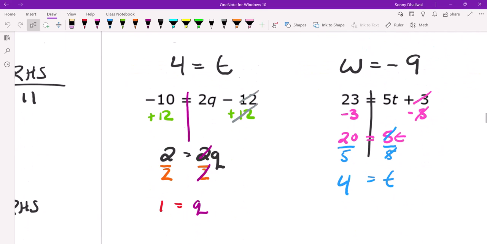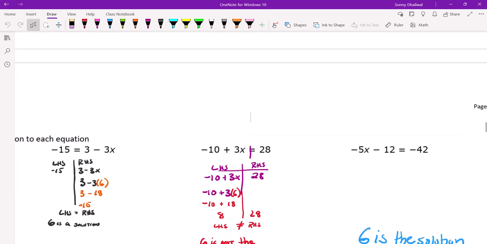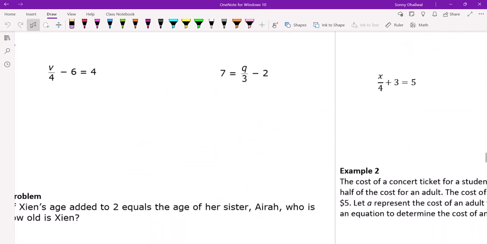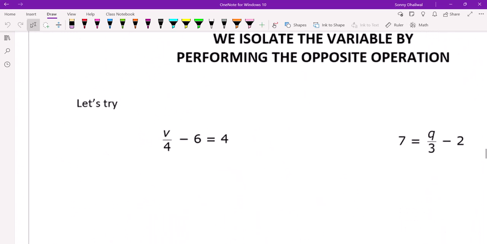Today, we're going to look at the other situation. So I purposely did all the questions like that, right? We have a number adding and subtracting, but this time, all the numbers are dividing the variable, dividing the letter. So the procedure is still the same.